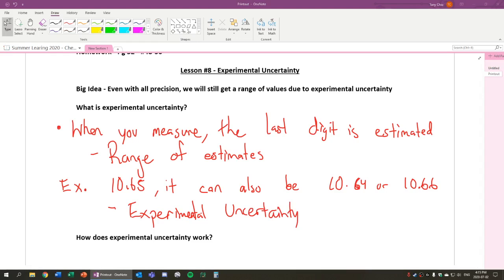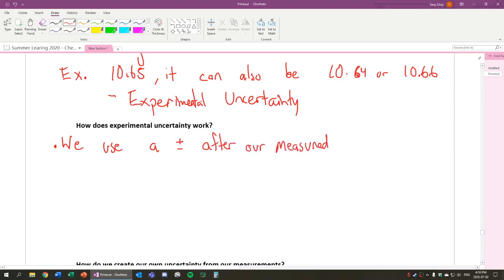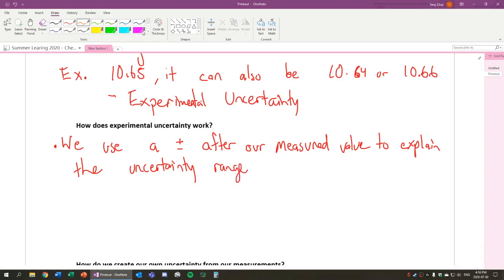So how does experimental uncertainty work? Well, we use a plus minus after our measured value to explain the uncertainty range. So what does that mean? Well, an example.